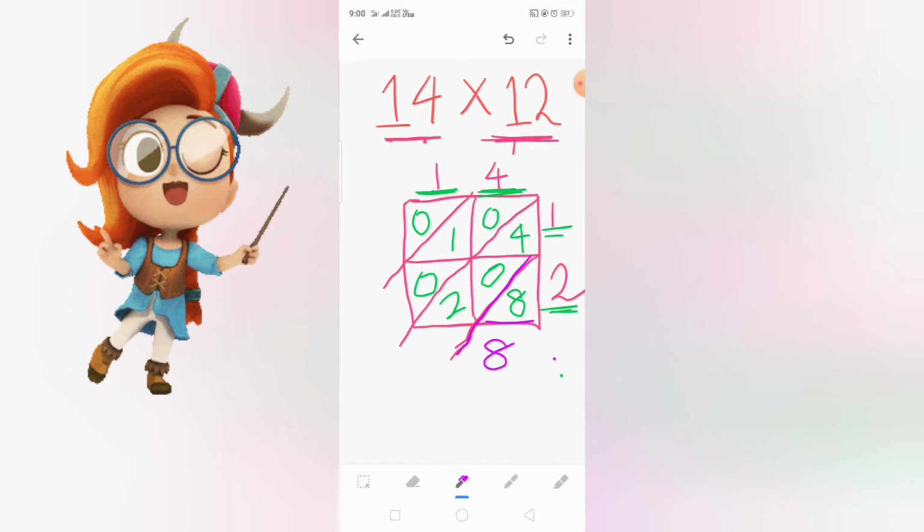After that we add the numbers below the second diagonal and above the first diagonal. Here 2, 0, 4, three numbers are present. So we add 2 plus 0 plus 4. What is the result? Yes, the result is 6. So we write 6 here.